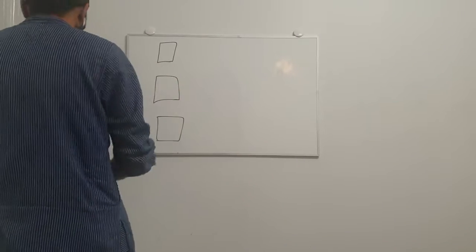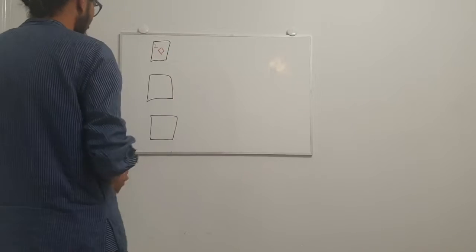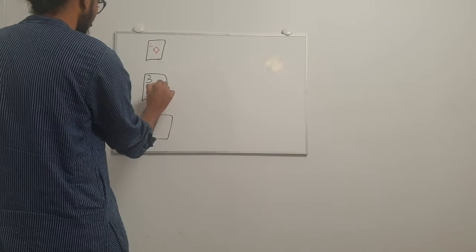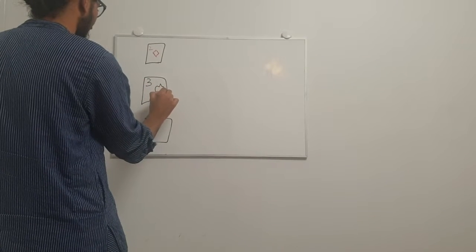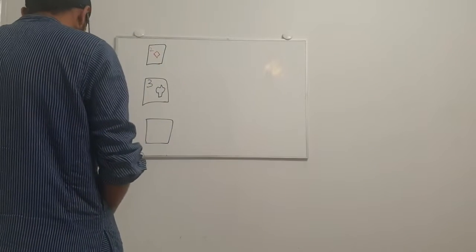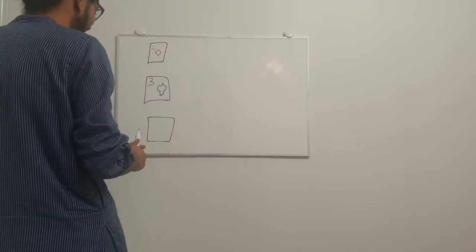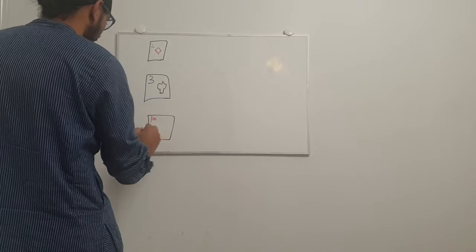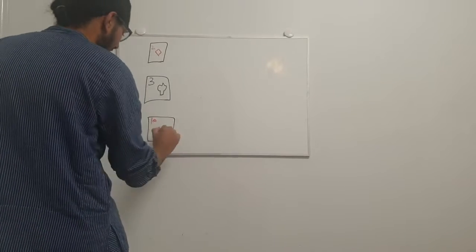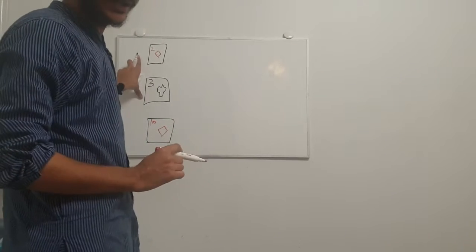That one card is the 2 of diamonds, one card is the 3 of spades, oh sorry, it's clubs, and the other card, which one are we gonna take, maybe the 10 of, say, diamonds as well. Okay, so we have 3 cards.